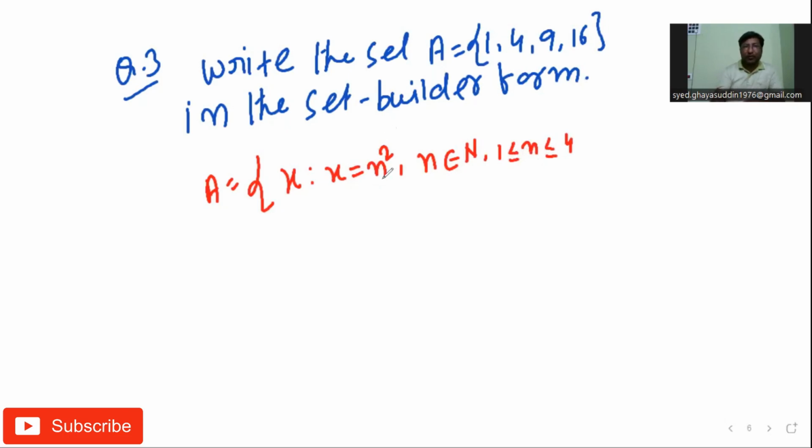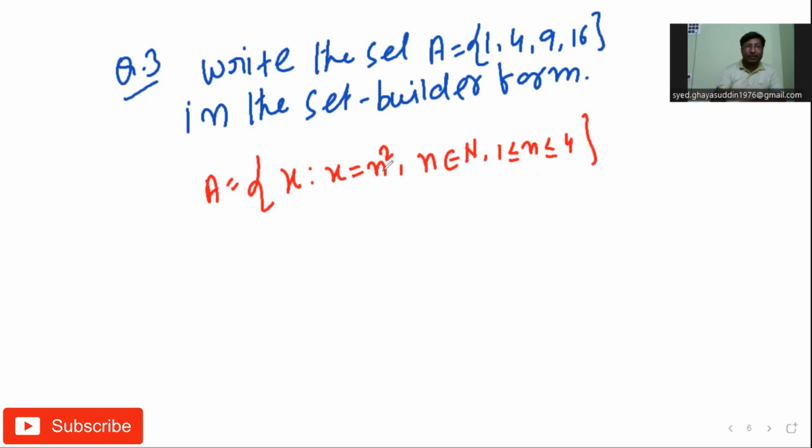Suppose n is 1, so 1 squared is 1; n is 2, 2 squared is 4; n is 3, 3 squared is 9; n is 4, so 4 squared is 16. So A = {x : x = n², where n is a natural number and 1 ≤ n ≤ 4}, that is, n lies between 1 and 4 inclusive. So this is the set builder form.